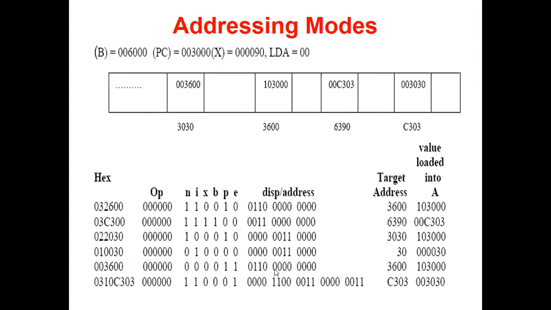So this time we have an address which is maybe 3, 6, because these bits 0, 1, 1, that is a 3. So we have 3, 6, 0, 0. So that becomes the address. You don't do any calculation. If the bits N and I are 0, then the bits B, P, and E are part of the displacement, which becomes the address. Is that okay?